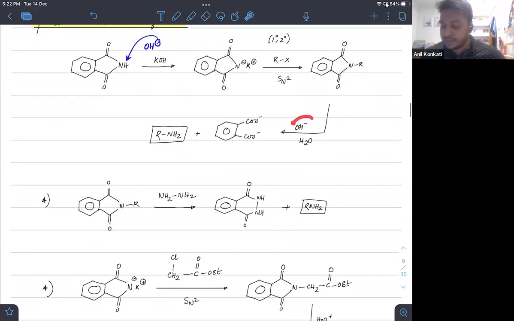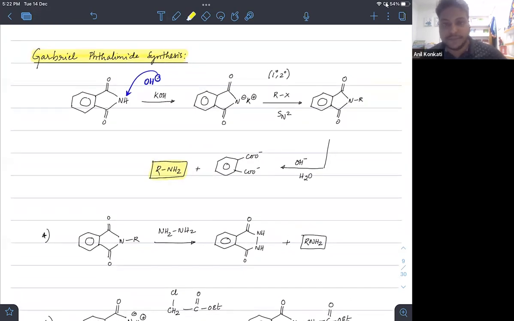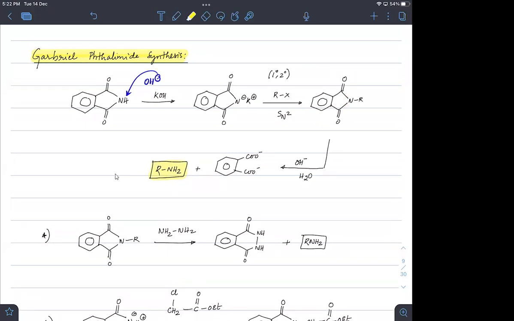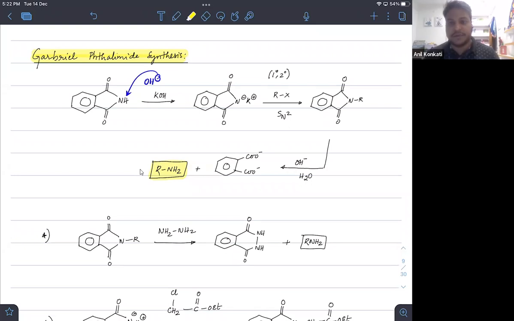And N-alkyl phthalimide, if you do a basic hydrolysis here, this entire part will again become acid, that is CO minus, and this part will come out as RNH2. So you could see whatever desired amines we need, we can get that easily. That's why Gabriel phthalimide synthesis is important. Right. Clear everybody how it is happening?